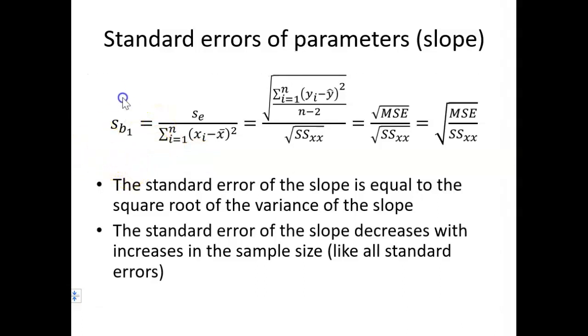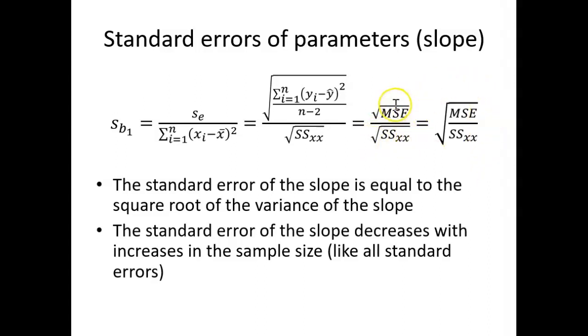So the standard error of the slope, s sub b1, is equal to the standard error of the model, normalized by the sum of the squared deviations of the independent variable from its mean. And then the second equality sign, I'm just reminding you what the standard error of the regression is. That's the square root of the mean squared error, divided by the sum of the squared errors for x.